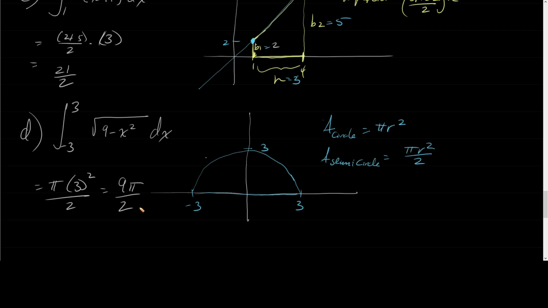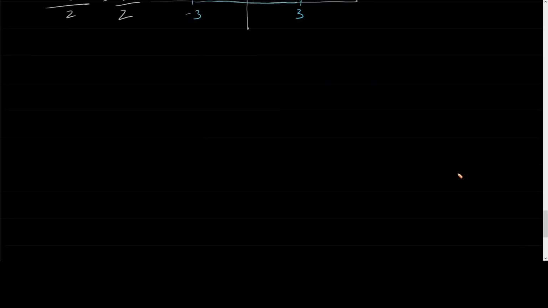Now, let's talk about some properties of integrals, of these definite integrals. If I take the integral, so hold on, let's label it properties of integrals. And here's what we have.